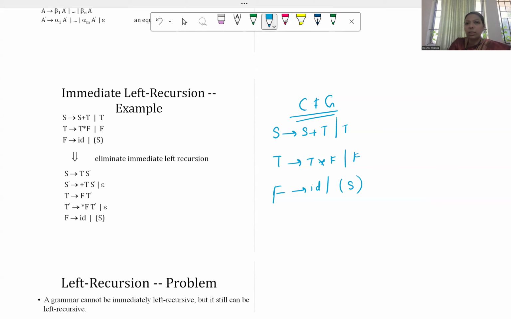If you now look at this context-free grammar, you can clearly say this production has left recursion. This also has left recursion, because both are the same. Now we have to remove it according to the rule.